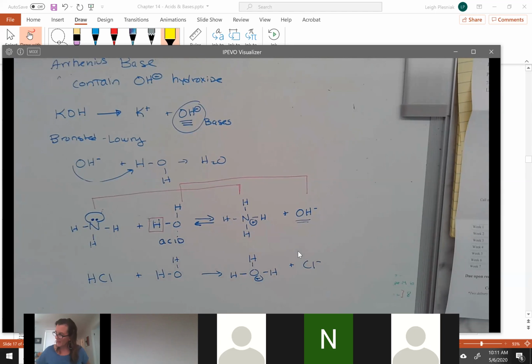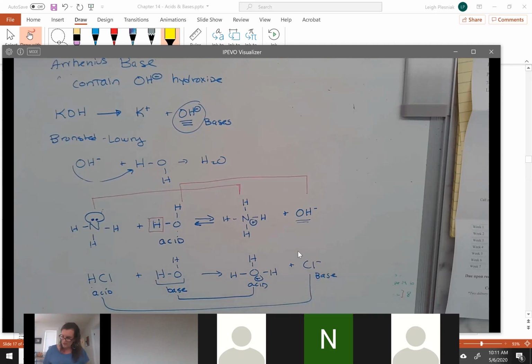Okay, so in this case, did the water donate or accept the H+? Accept. Yeah, right. So in this reaction, water behaved like a base. Hydrochloric acid was an acid. So my acid-base pair here, this is my acid, this is my base.